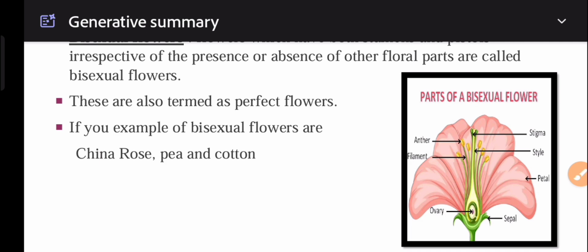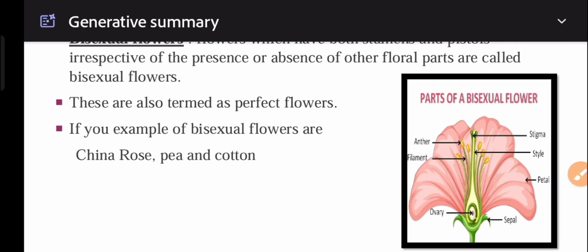Okay, this is all about bisexual flowers. This classification is based on the presence of sexuality or presence of reproductive organs.